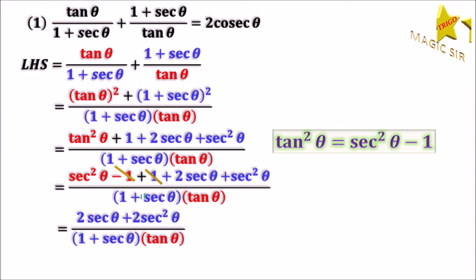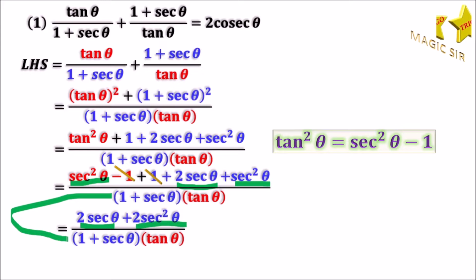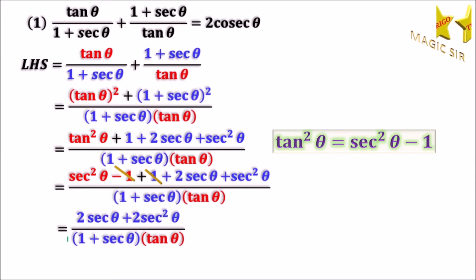So LHS is equal to 2 sec theta plus sec square theta plus sec square theta equal to twice sec square theta, divided by 1 plus sec theta into tan theta.